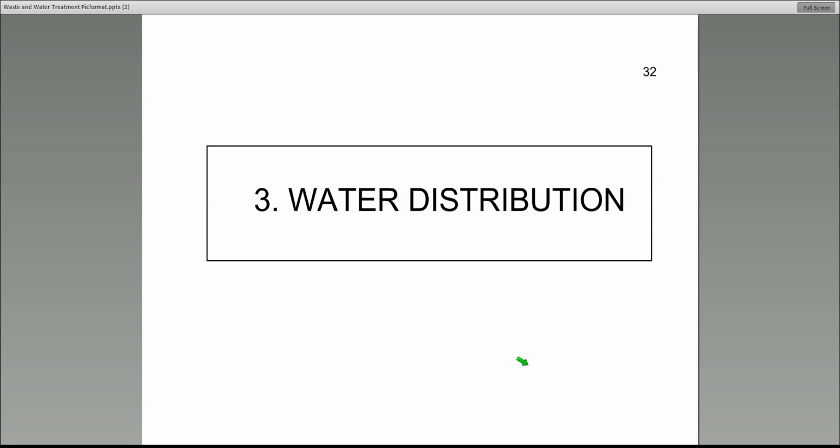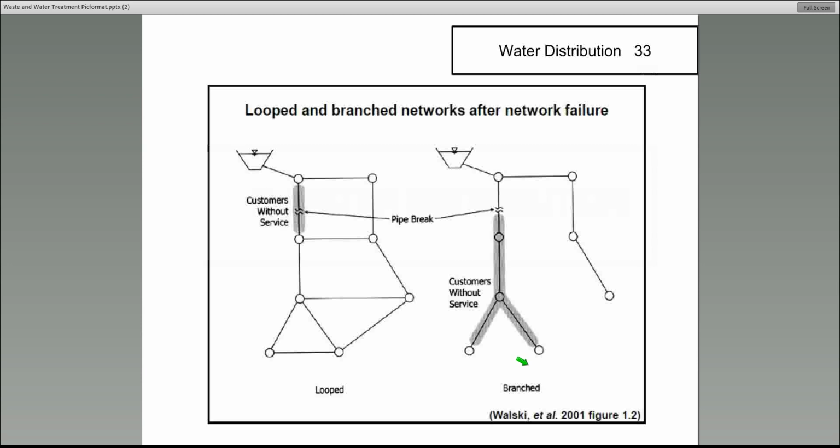Okay, water distribution. So after the water is treated and after you have adequate storage, then it goes into the water distribution to the homes, the industries, the schools, etc. Now, for water distribution, you have to look at networks, and we don't have time to go into all the different calculations for networks, but there are some basic questions.